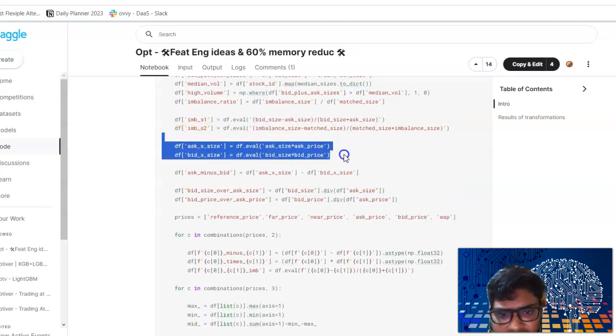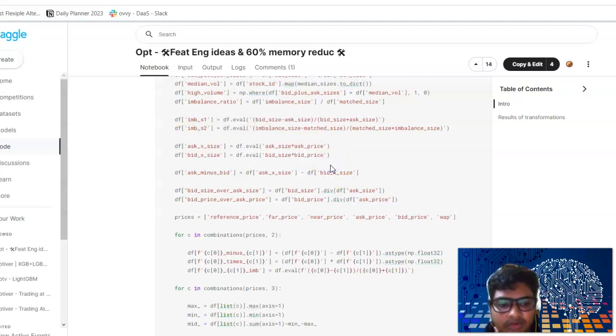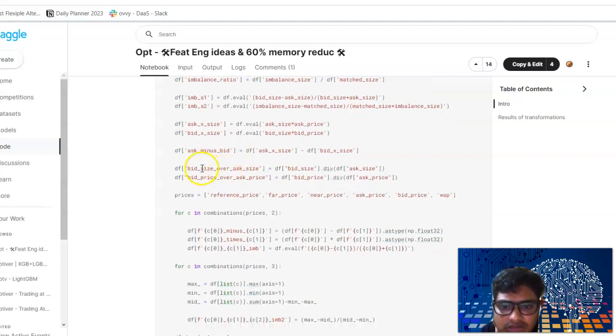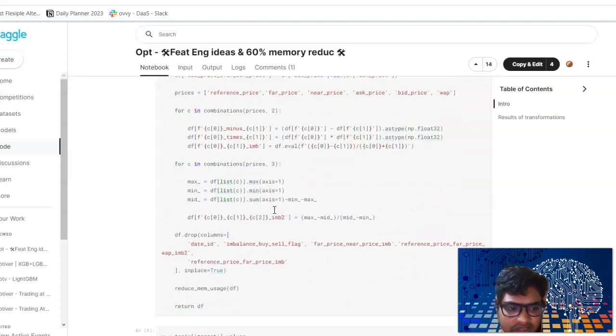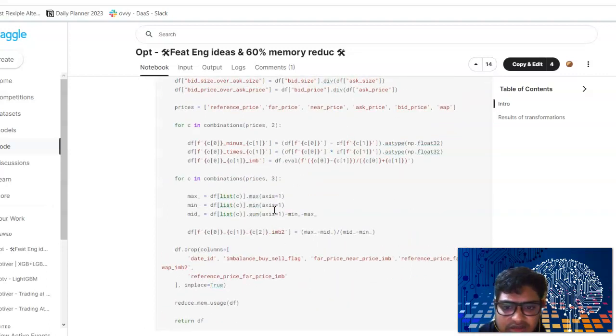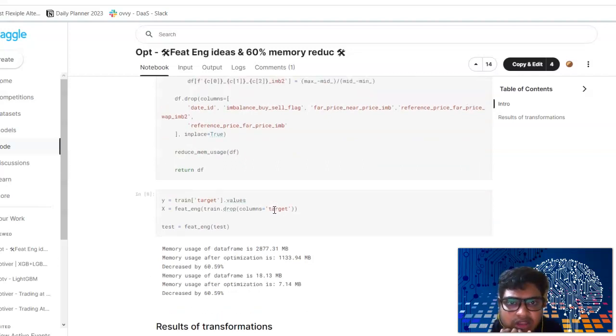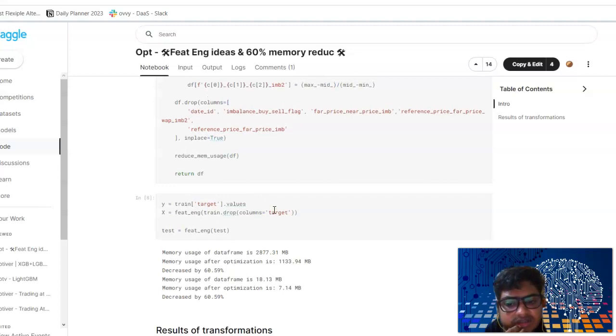Next is finding the total cost, that is, multiplying the ask size and ask price. So yeah, these are the various EDA feature engineering steps that he has done. Some of the ratios I am not aware of, maybe some domain expert can delve more into it.